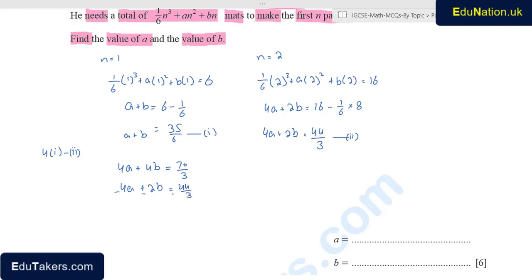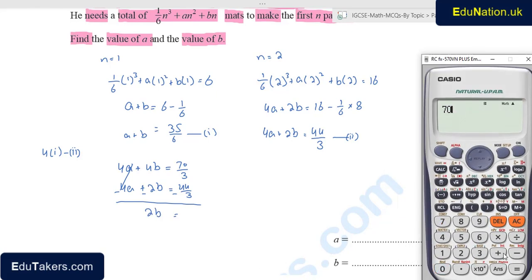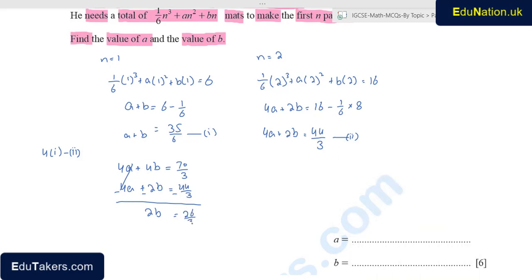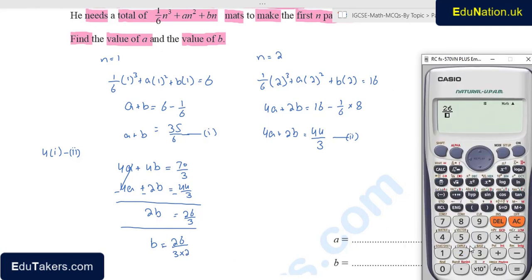We will subtract it. This will be cancelled. This is 2b equals 70 over 3 minus 44 over 3 is 26 over 3. Then b is equal to 26 over 3 divided by 2, which is 13 over 3.